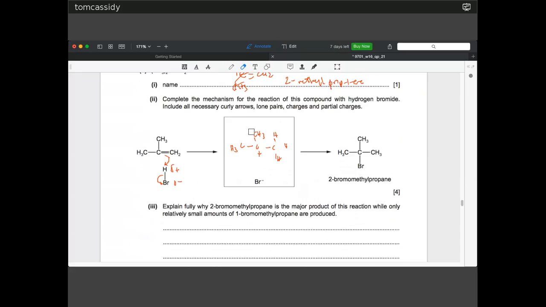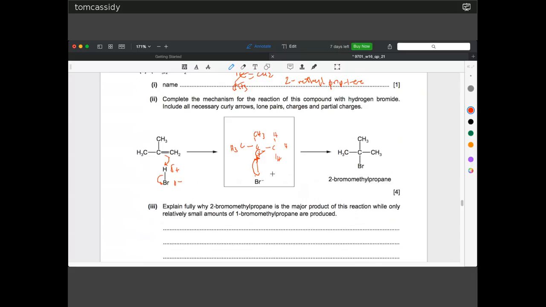Okay, and just to make that absolutely clear, because my drawing's not particularly great here, we've got a positive charge there. Now, you can see here that's correct, because in the last step of the reaction, you've got a lone pair of electrons on the bromide ion. It's going to form a bond there and gives us this organic compound here, 2-bromo-2-methylpropane.